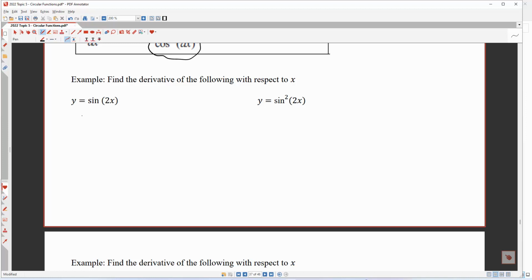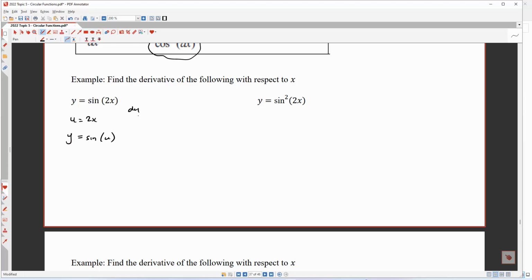So what I'm going to do is I can do this via the chain rule, or I can just assume that this 2 goes out the front. So I'm going to do it with the chain rule. So I'm going to go u equals 2x, y equals sine of u.